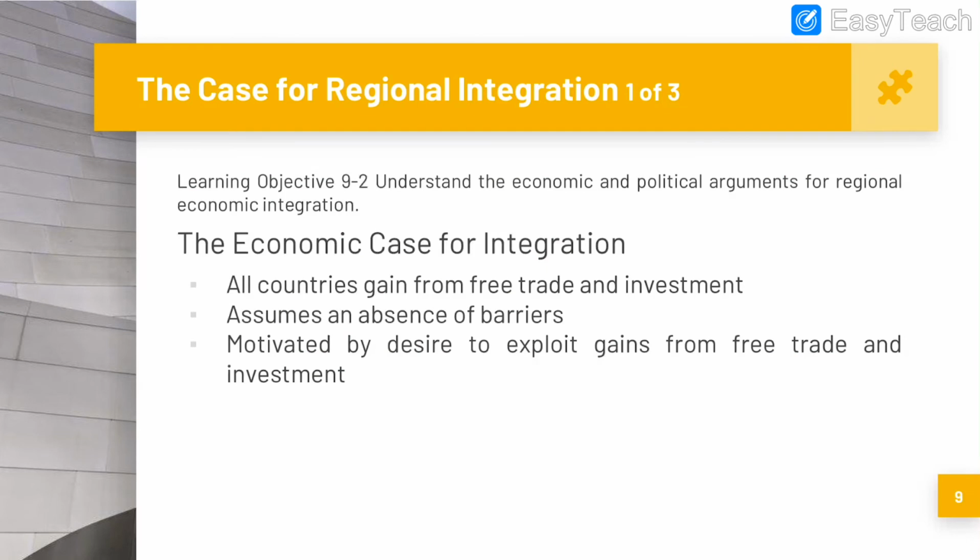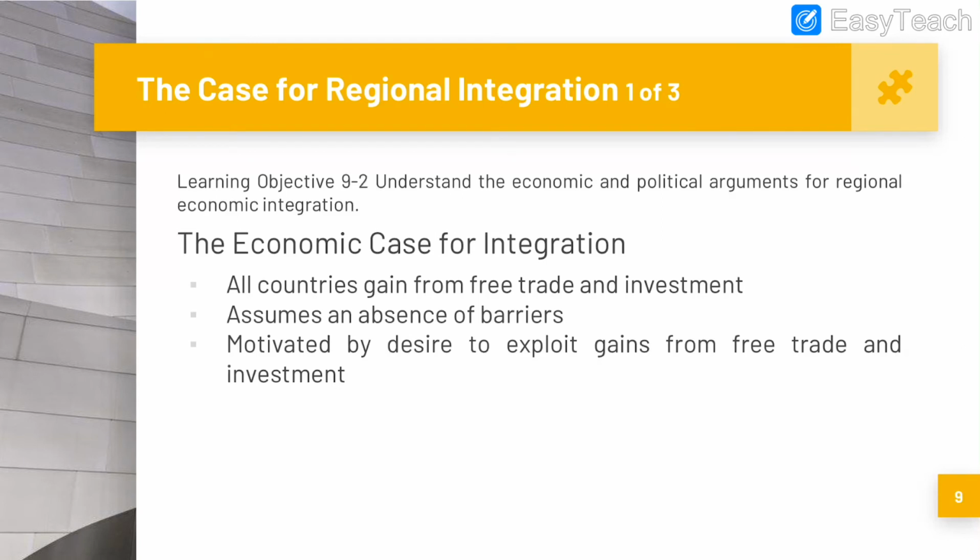Okay, next we move to the case for regional integration. To understand the economic and political arguments for regional economic integration, they have the economic case for integration and the political case for integration. So economic integration can reduce the cost of trade and improve the availability of goods and services. They are going to increase consumer purchasing power in member nations.